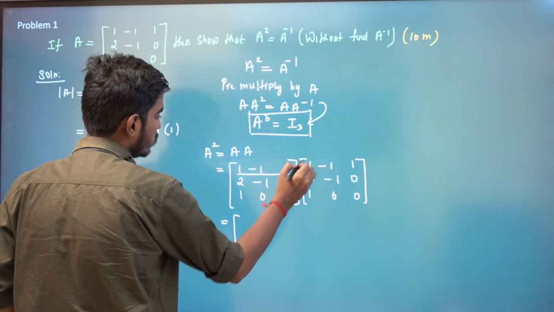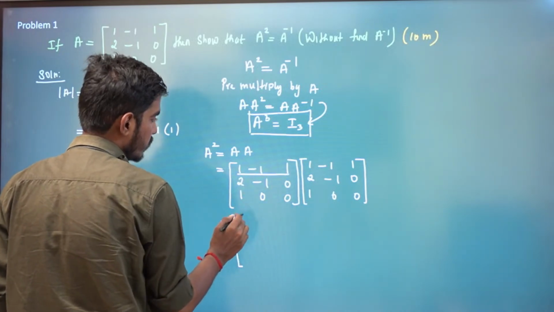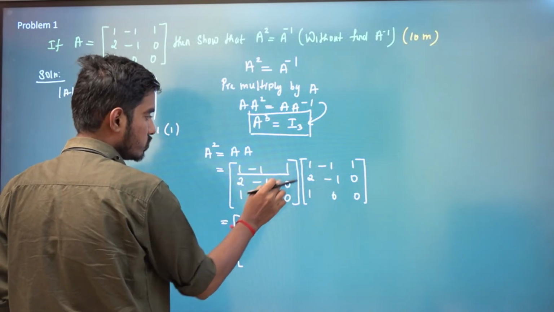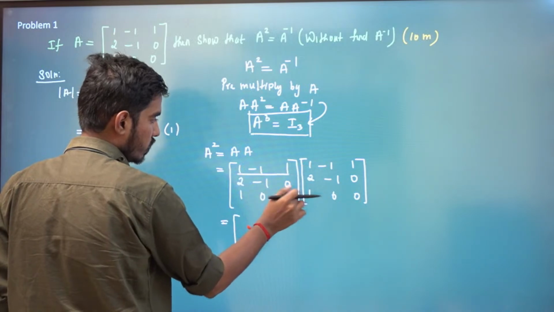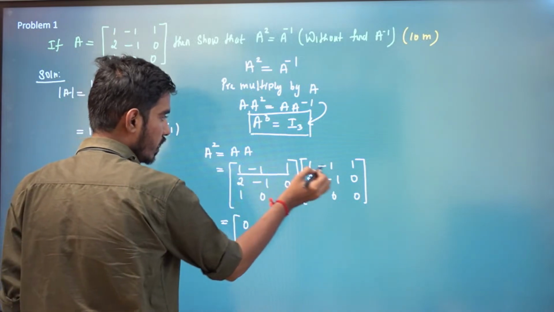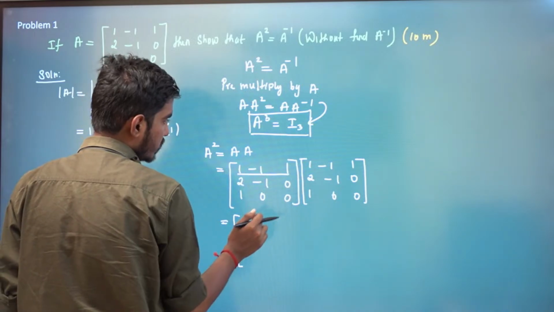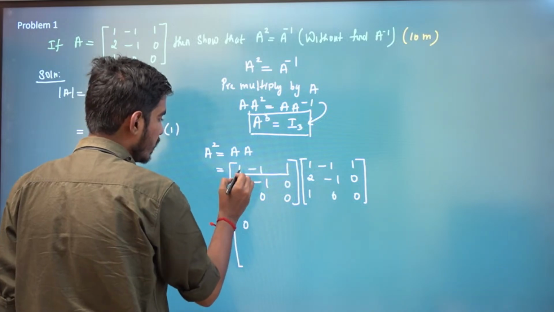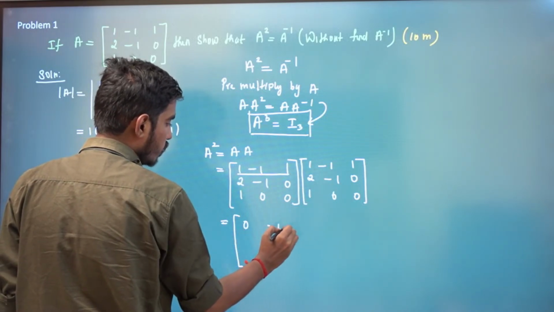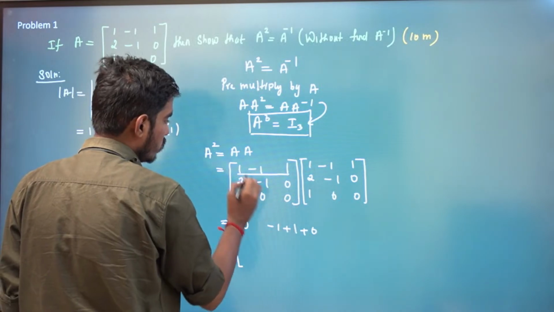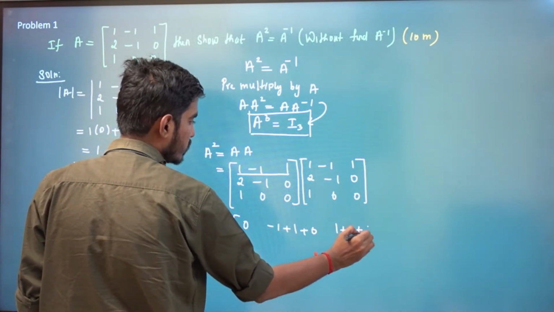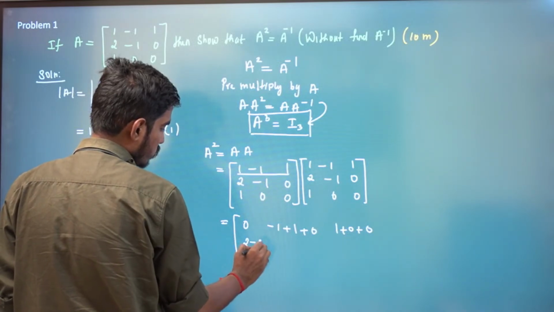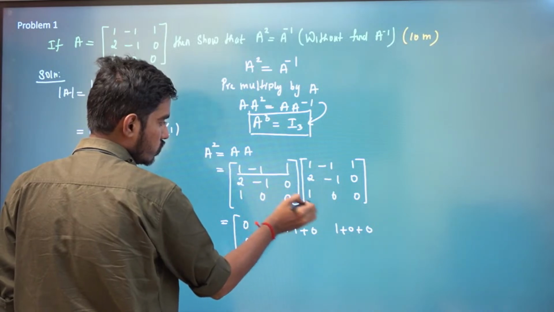With this row and this column: 1 into 1 is 1, minus 2 into 1 is minus 2, plus 1, so we get 0. Then 1 into minus 1, minus 1 into minus 1, 1 into 1, which gives 0. Then 1 into 1, minus 1 into 0, 1 into 0, which gives 1. Then 2 into 1 minus 2, which is 0.